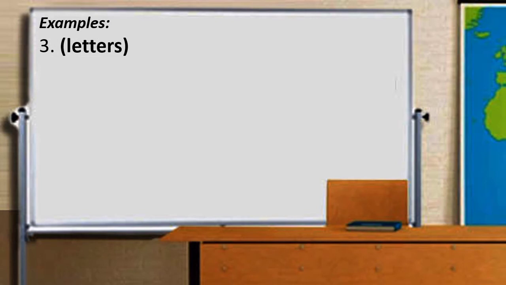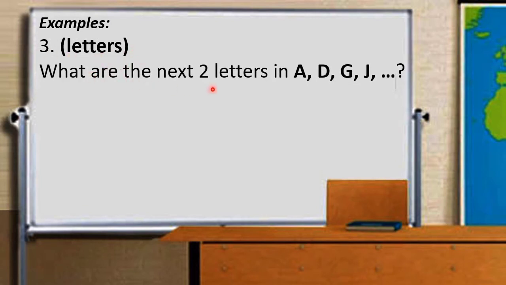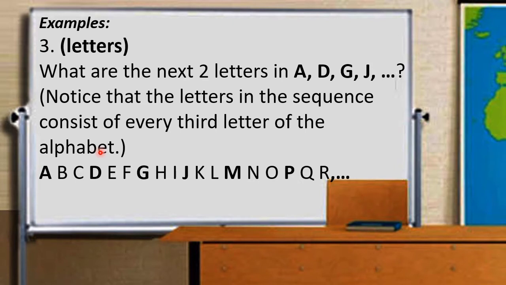So this time, ang gagamitin natin ay letters. What are the next two letters in A, D, G, J, and so on? Notice that the letters in the sequence consist of every third letter of the alphabet. So let's have the alphabet.